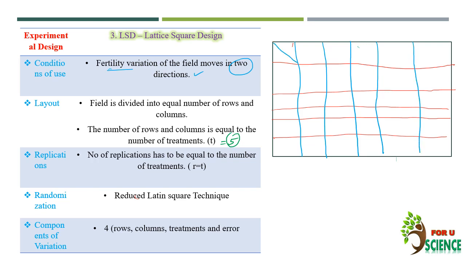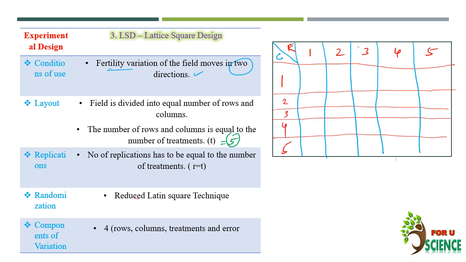This side is the row, and this side is the column. So there are 5 rows, 1 2 3 4 5, and likewise there are 5 columns, 1 2 3 4 and 5.